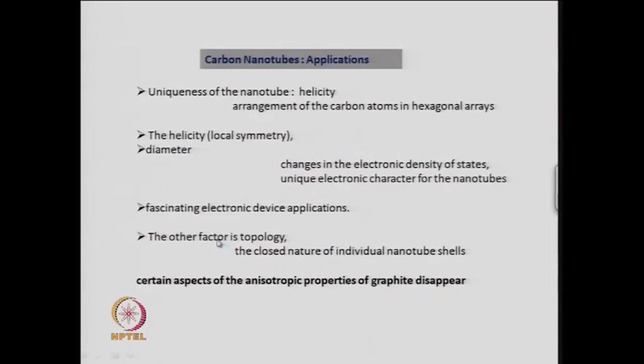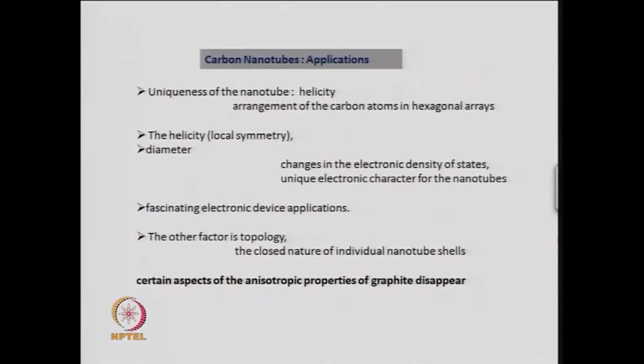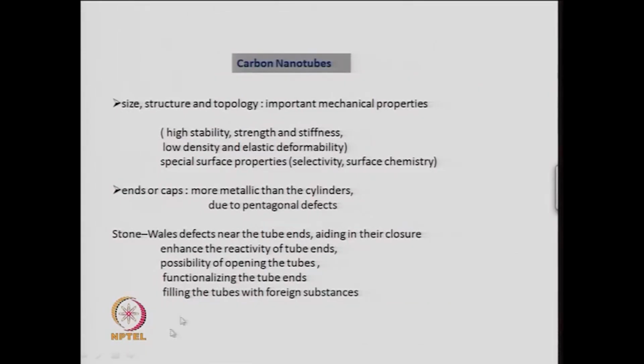So, these Stone Wales defects will be found more towards the ends of the nanotubes where the curvature is there, and that enhances the reactivity of the tube ends. So, the tube ends are more reactive, and it is much more easy to open the tube ends, whereas it is more difficult if you want to rupture the nanotube at the center of the tube, that is where the cylindrical part is there.